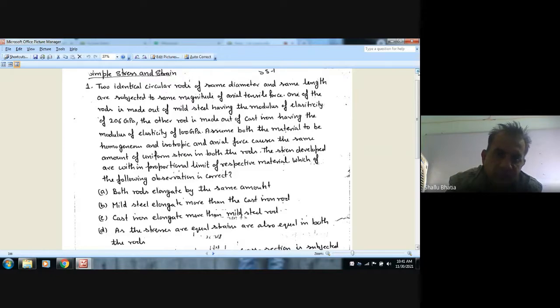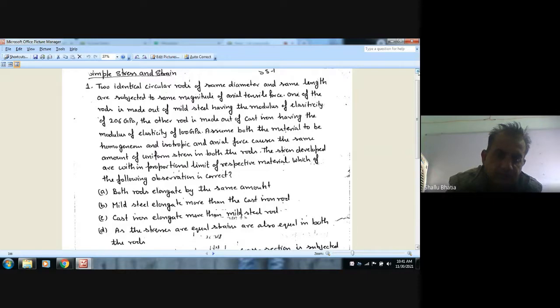Assume both materials to be homogeneous and isotropic, and the axial force causes the same amount of uniform stress in both the rods. The stresses are within proportional limit of respective material. Which of the following observations is correct?